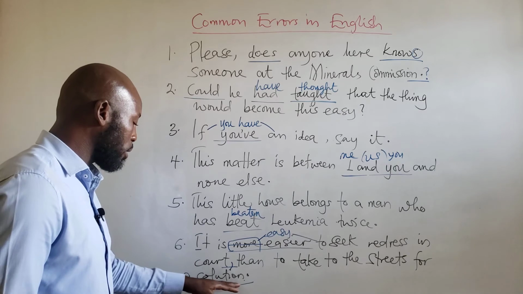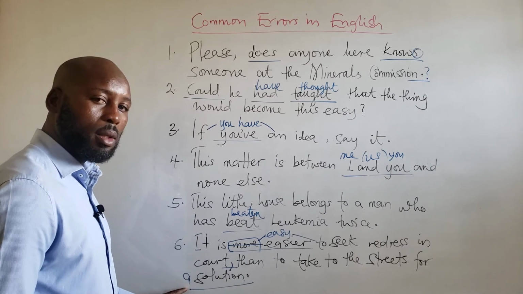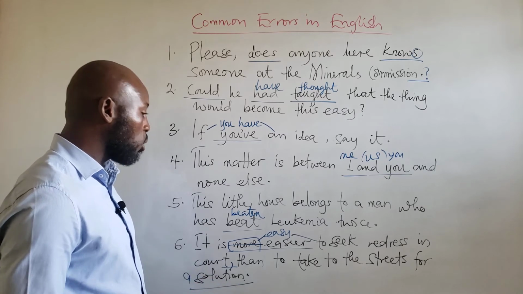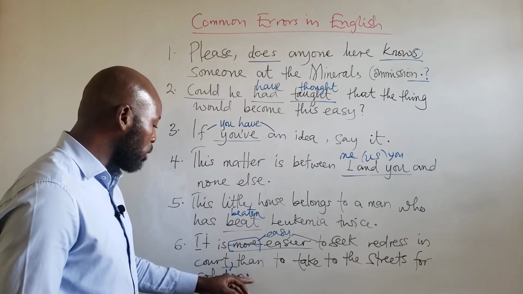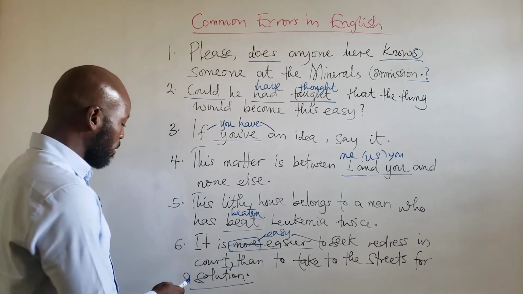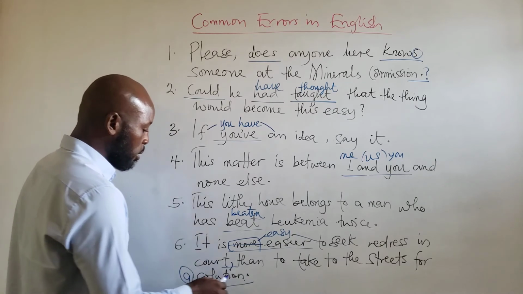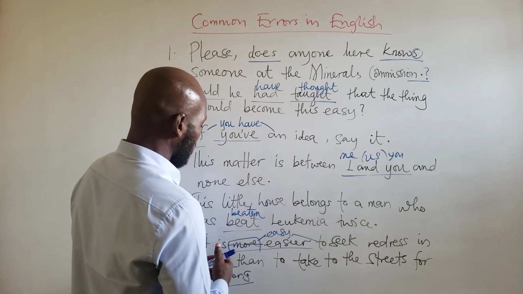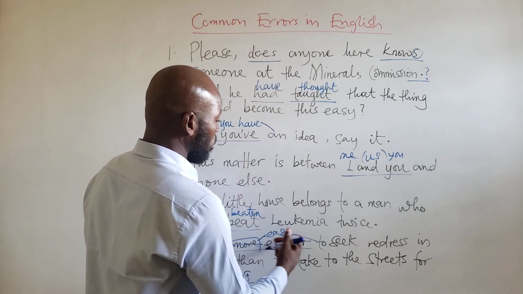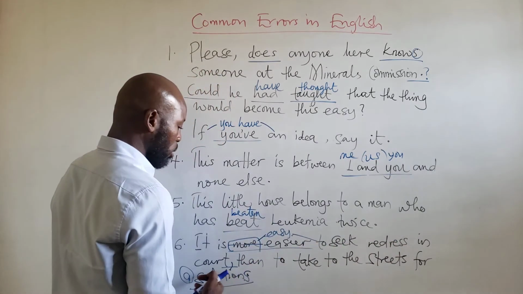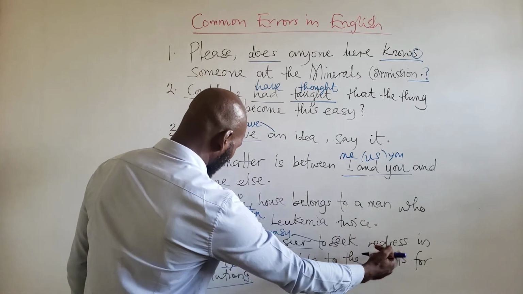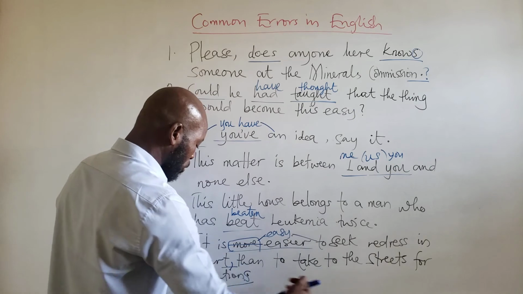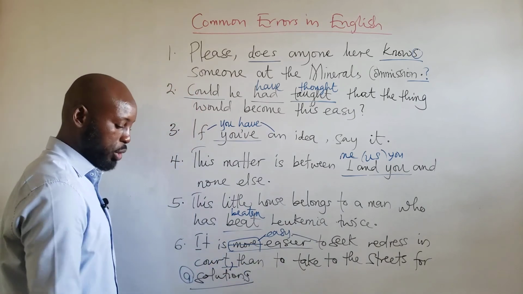So since it is singular, you add what? An indefinite article. A solution or solutions. If you are not to add the a, then this must take an s. So it is more easy to seek redress in court than to take to the streets for solutions, or to take to the streets for a solution.